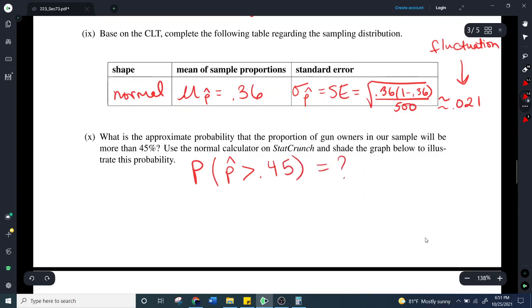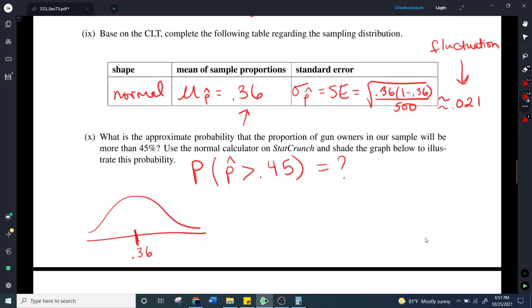I'm going to go to StatCrunch in a minute to actually compute the probability, but let's graph what we're talking about here so we know what to look for. This is my normal distribution. I expect 36%, my mean right here, so that goes right in the middle, just like it did back in chapter 6. I'm looking to see if I get more than 45%, so 45% would be down here somewhere.